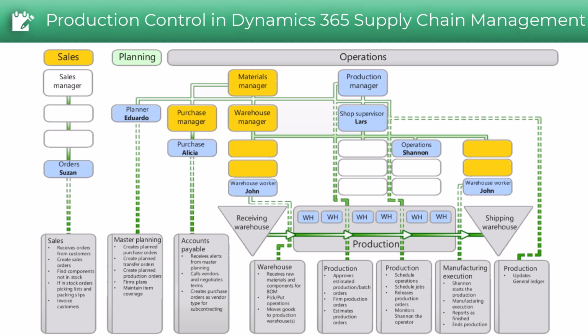Then after the last step, shipping delivers the final product to the customer. This whole cycle is what we call production control in Dynamics 365 supply chain management.